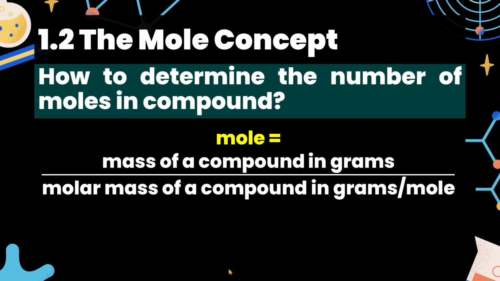The molar mass of a compound, again, to solve for this, we just use the periodic table for atomic mass, multiply the atomic mass by the number of atoms present in a given compound, and get the total for all the atoms, and that will give you the molar mass.